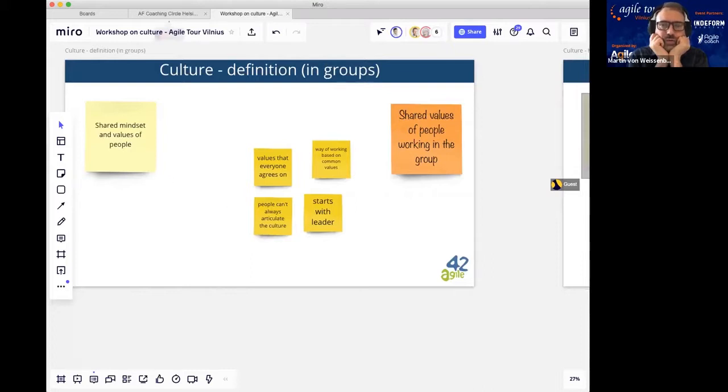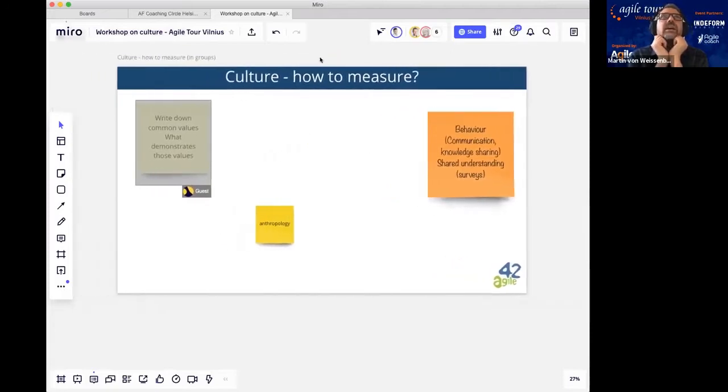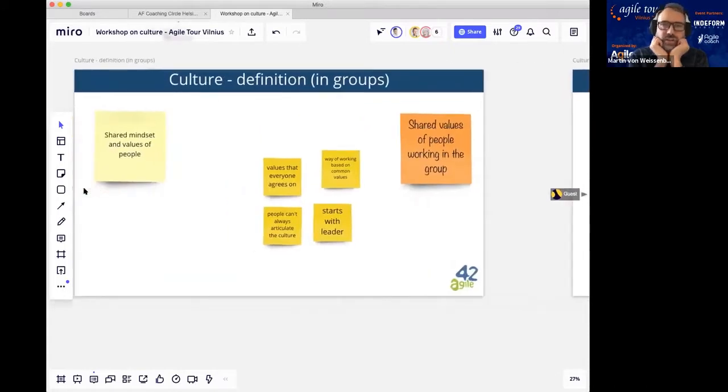And we also noted that the leadership style has a strong impact on the culture. So if the leader is a commanding leader or a democratic leader or a coaching leader, he or she will set the tone, and this will eventually trickle down into the culture and into the ways of working. That's maybe a good summary.